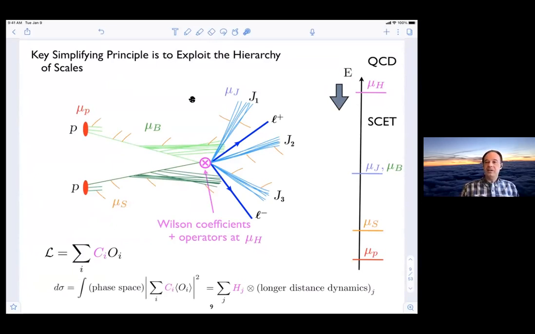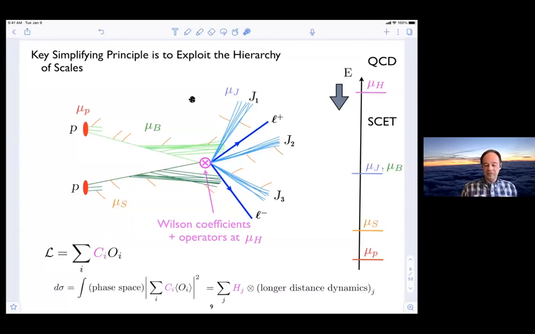Effectively in the EFT, that means that there are going to be some Wilson coefficients that describe those short distance processes, both the standard model processes and perhaps some new physics processes. Both electroweak, Higgs and QCD effects, if they're short distance, go into these Wilson coefficients. Eventually, these Wilson coefficients get squared in some cross-section that defines what are called hard functions.